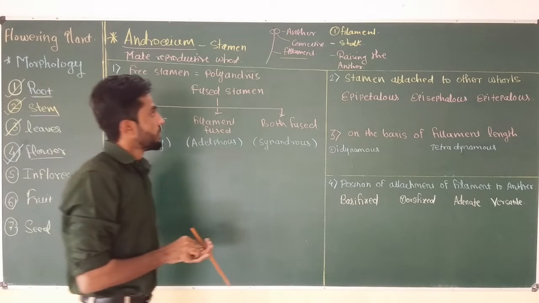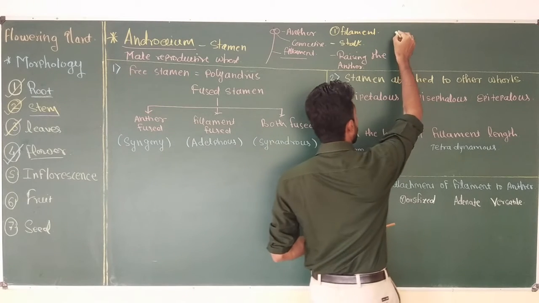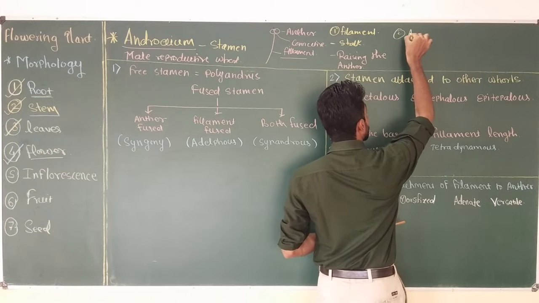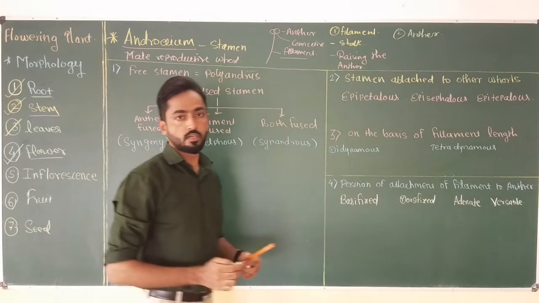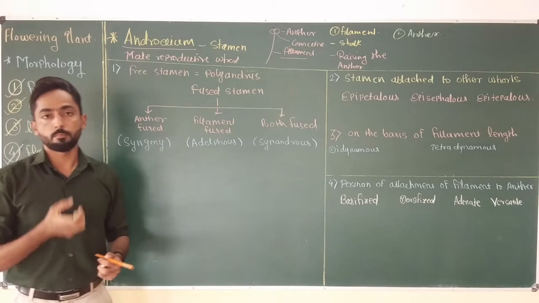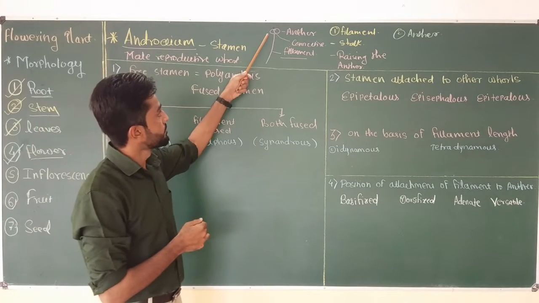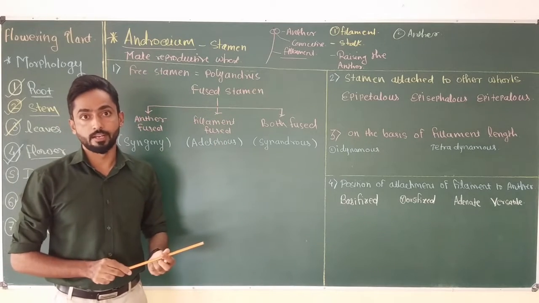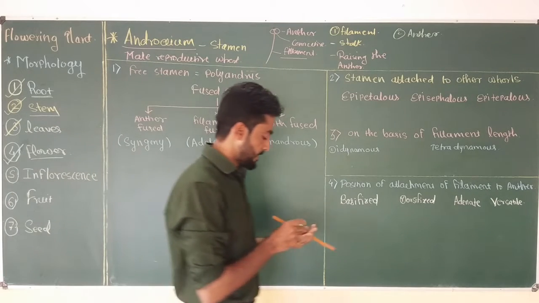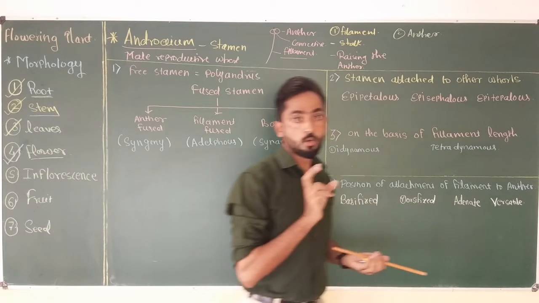Now the next part of the stamen is the anther. Anther is nothing but the upper swollen fertile part of the stamen, and this anther is the site of production of the pollen grains. Each anther is made up of different lobes.